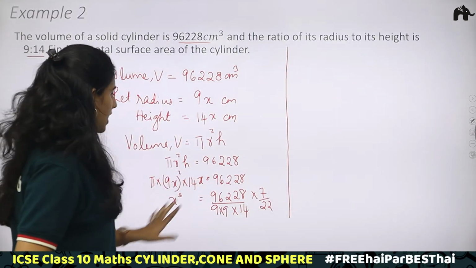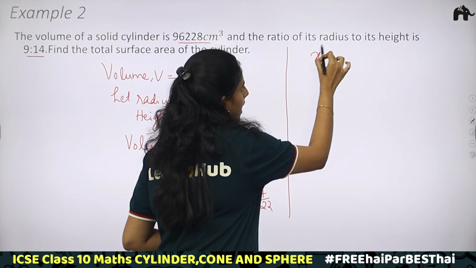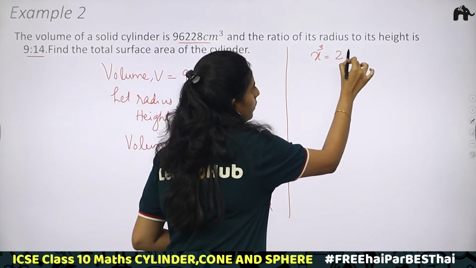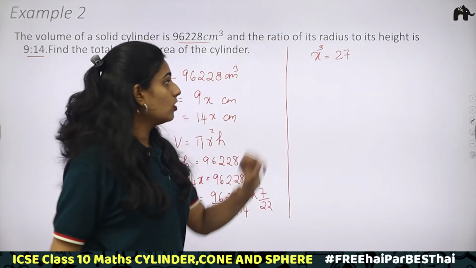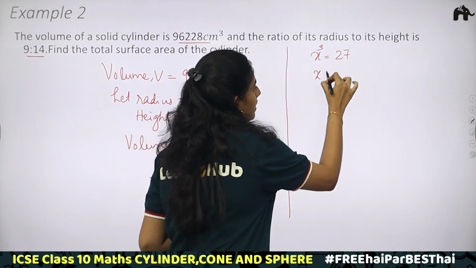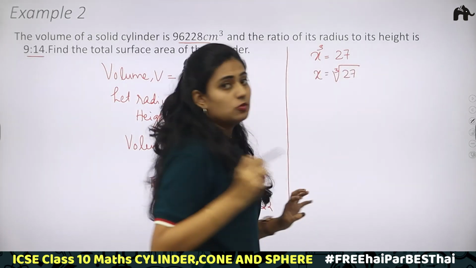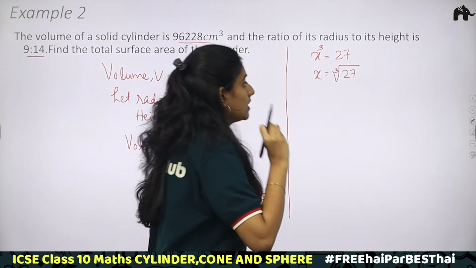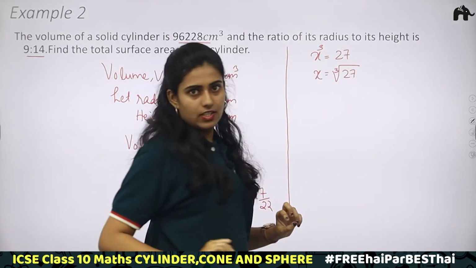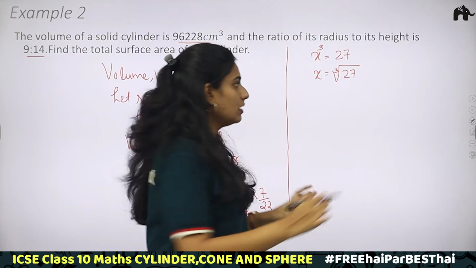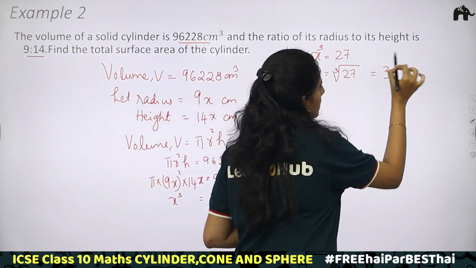When you do the calculations, you will be getting x cube equal to 27. What is the cube root of 27? X will be cube root of 27. And the cube root of 27, we know 3 cube is 27. Therefore, cube root of 27 will be 3.